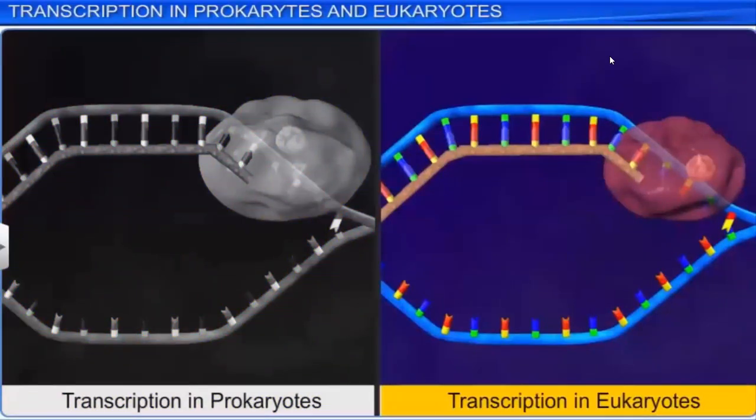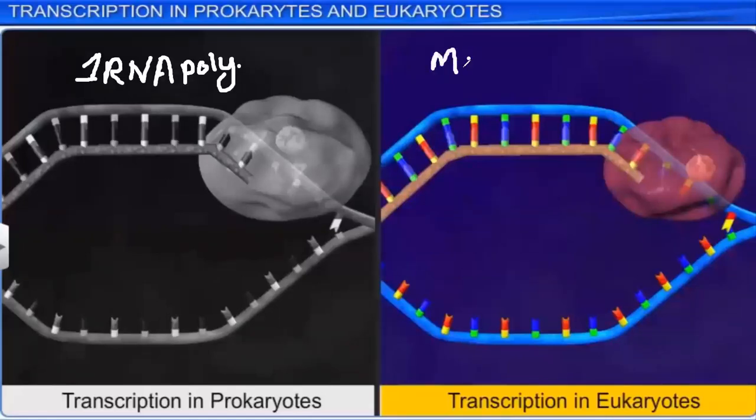Children, we are learning the difference in the transcription process in prokaryotes and eukaryotes. The first difference is the place, the site. The site for transcription in prokaryotes is the nucleoid, since they don't have a definite nuclear membrane. So in a way, it is happening in the cytoplasm itself, because they don't have a membrane which separates the cytoplasm from the nucleus. So both processes, transcription and translation, happen in the cytoplasm itself.